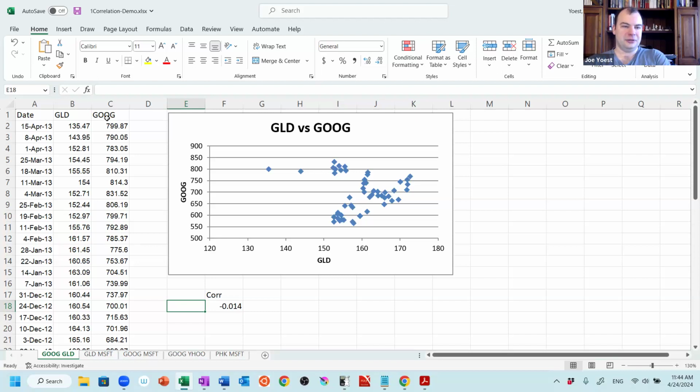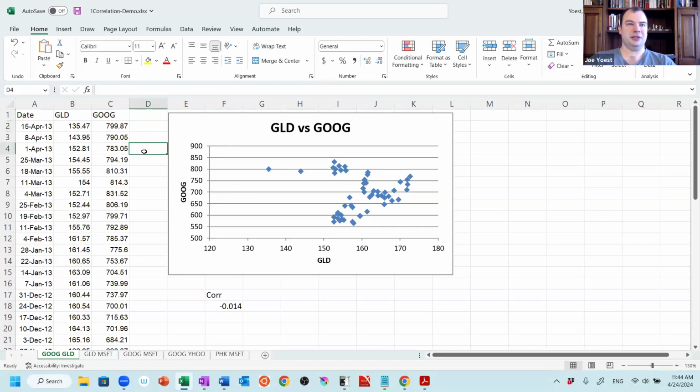And as an aside, Google is just Google's stock price, and GLD is Spider Gold shares. So this is more or less the price of gold for some small increment of gold. You could think of this as something like 1/10 of an ounce of gold or something.